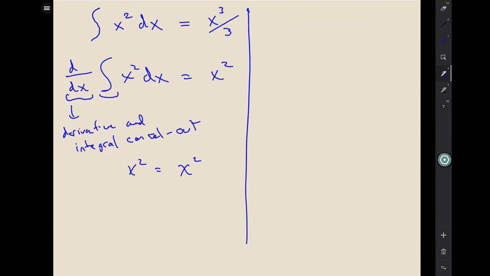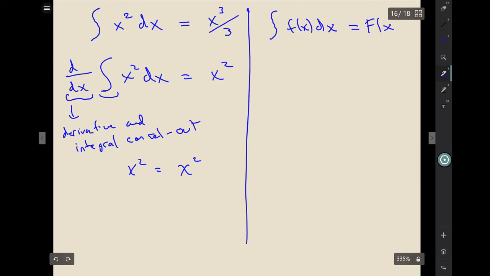A little more formally, I could have written this as, suppose I have the integral of little f of x dx. We know that that's going to be equal to big F of x. Little f of x is the derivative of big F of x. So the integral of little f of x with respect to x is going to give us this big F of x back.